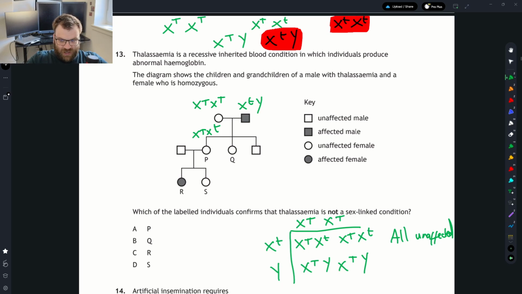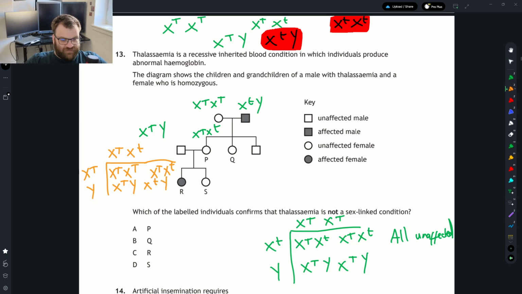And then an unaffected male has to be big T and Y. So in this second Punnett square, we've now got X big T, X little t, X big T, and Y. Do all the combinations: X big T, X big T, X big T, Y, X little t, X big T, and X little t, Y.